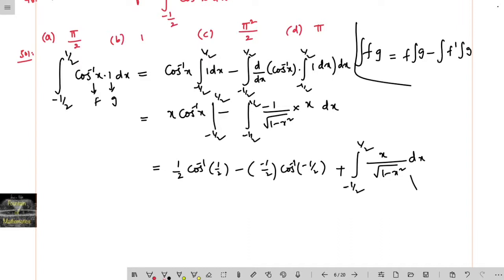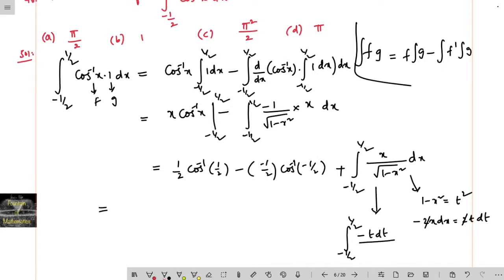For solving this, let me put 1 minus x square equal to t square. Then minus 2x dx equals 2t dt, so we can write x dx as minus t dt.